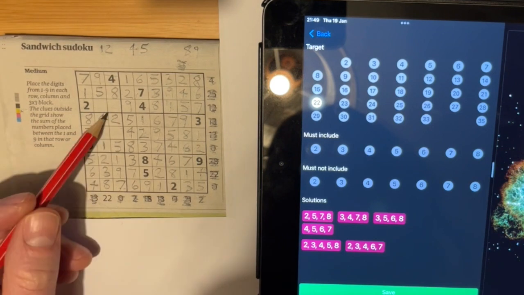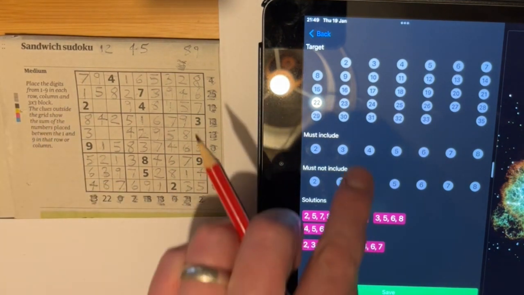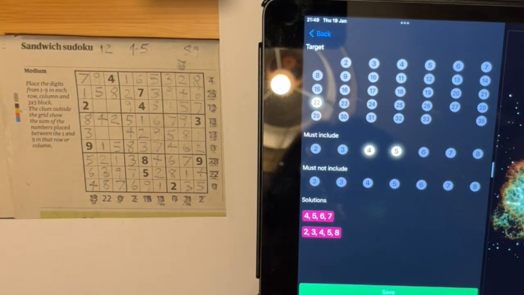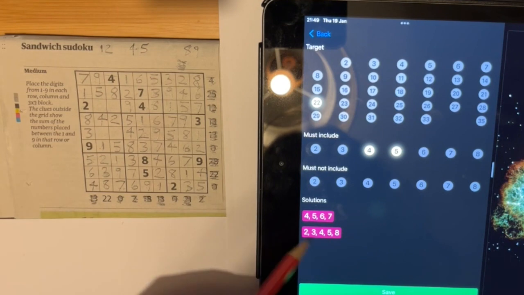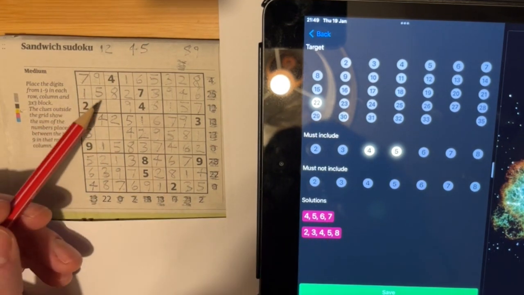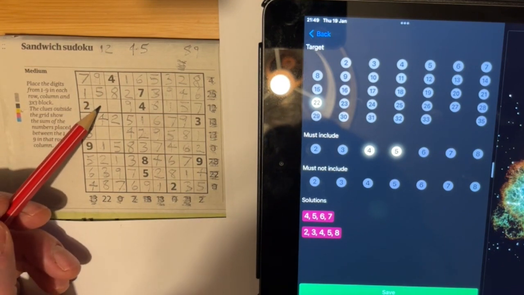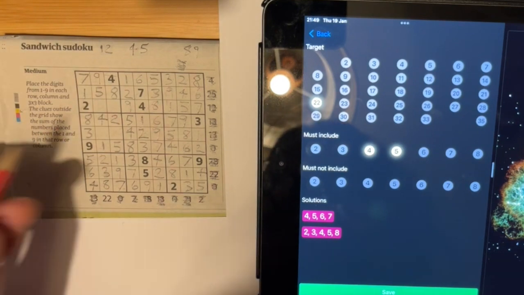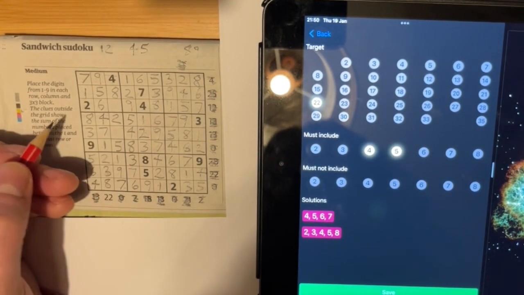And between the 1 and 9 so far, we have a 4 and a 5, so I must include a 4 and a 5. And it's telling us the only solution for this has to be 4, 5, 6, 7. So it'd be 4, 5. So this is a 6 or a 7. There's a 7 already there, so that has to be a 6. And that has to be a 7.